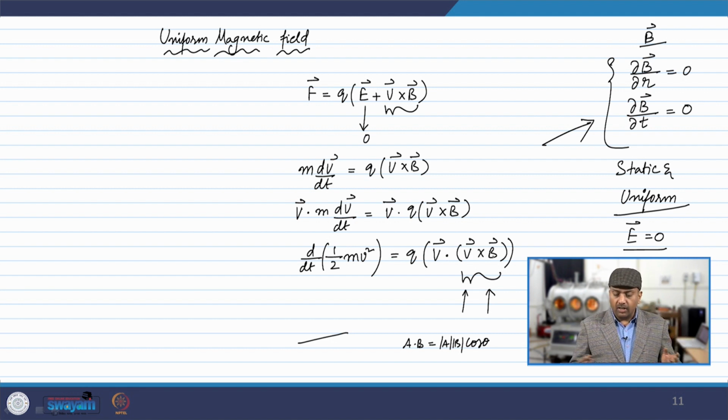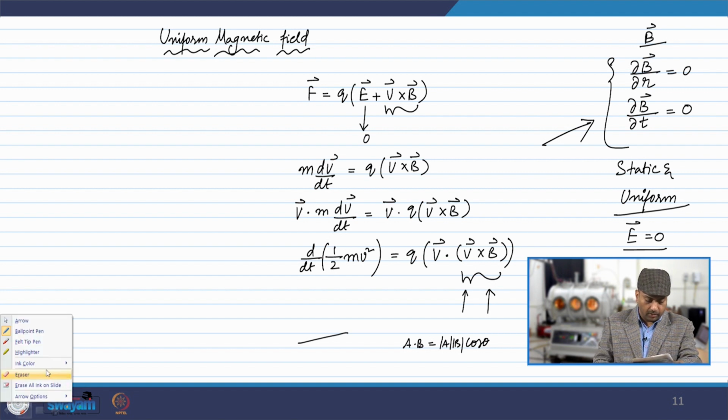Now, the result of v cross B will be a vector, because it is a vector product, but it will obviously be perpendicular to v. When you take this dot product, it will be 0. This is a simple vector identity, we use it quite often in physics.